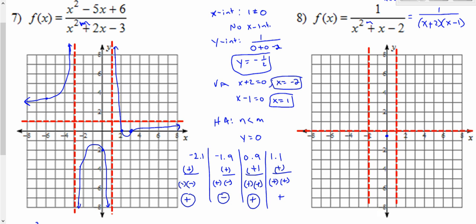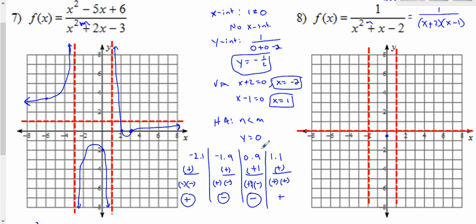And I realized I made a mistake over here. Sorry about that. Because 0.9 minus 1 is a negative number here. That gives me a negative value right there.